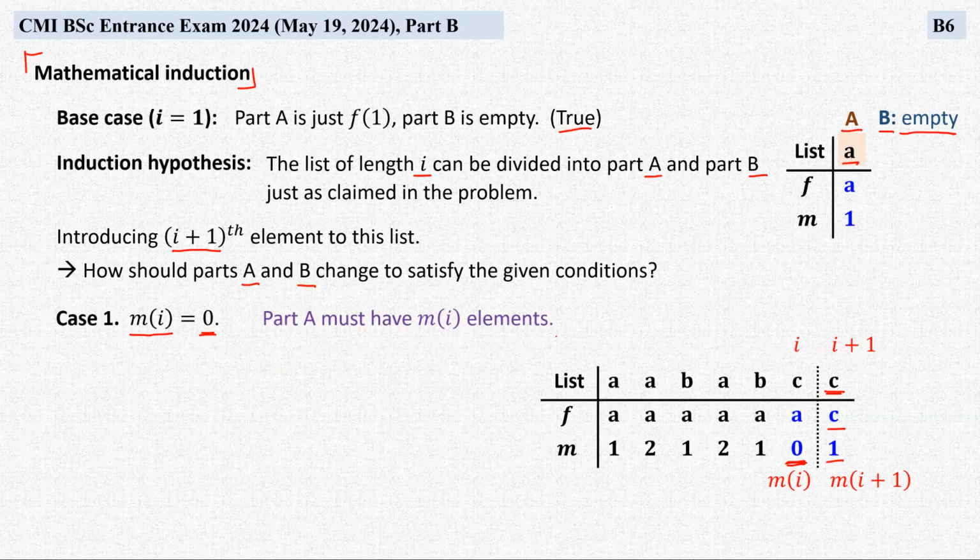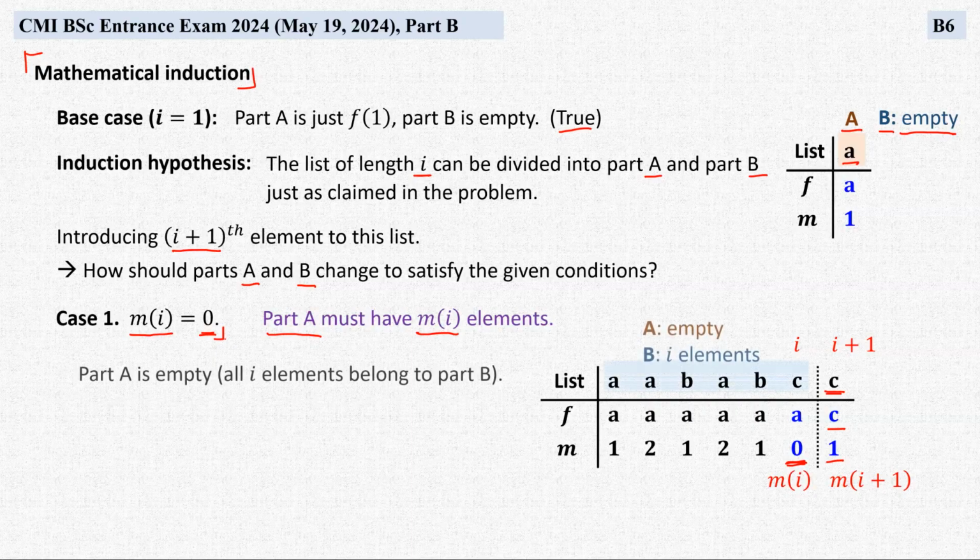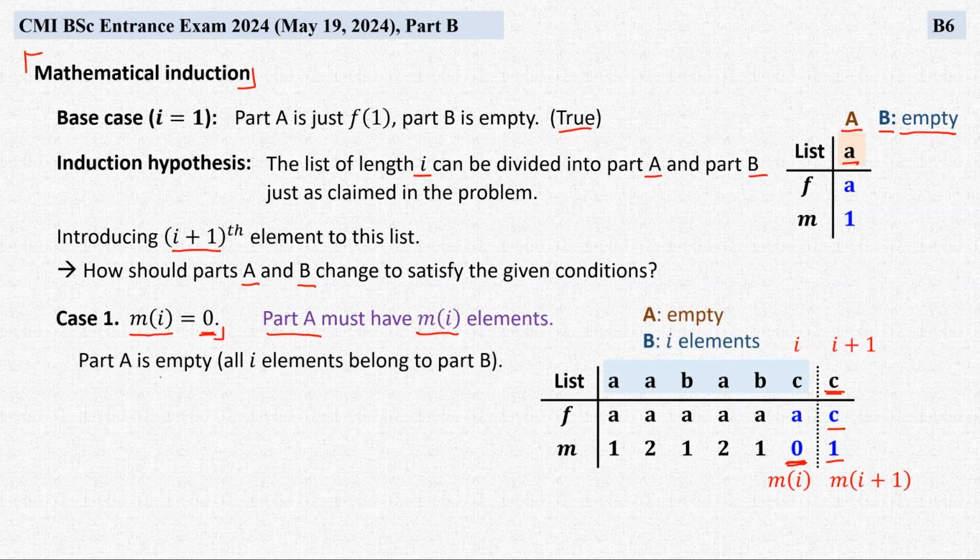It is stated in the problem that m of i is also equal to the number of elements of part A. Therefore, m of i being 0 means that currently part A is empty, and all i elements belong to part B, which is possible in this example, by the way, since we can pair up the elements as shown here.